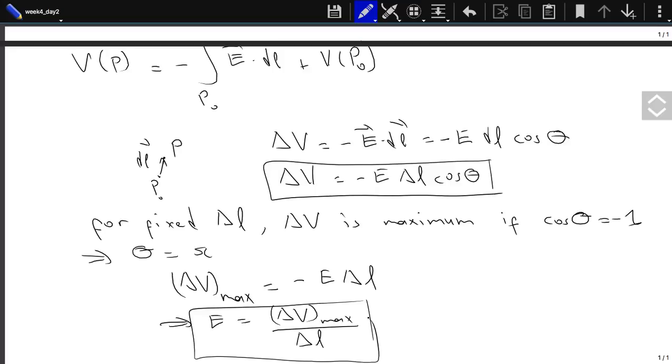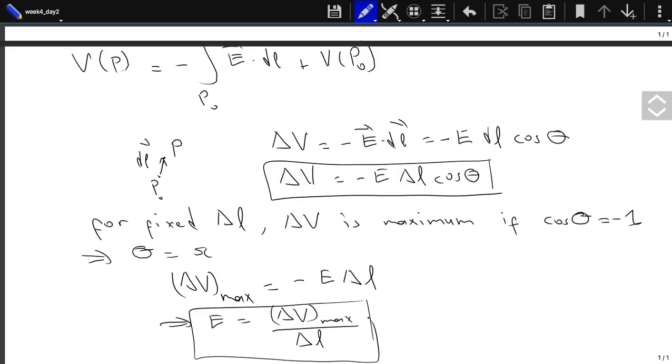So although we define the potential in terms of the electric field up to this point, if we know the electric field, we said that by just evaluating this integral over here, we can calculate the potential at every point up to one unphysical unknown. But we can also go the other way around.